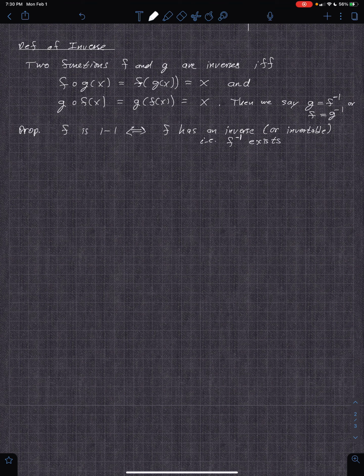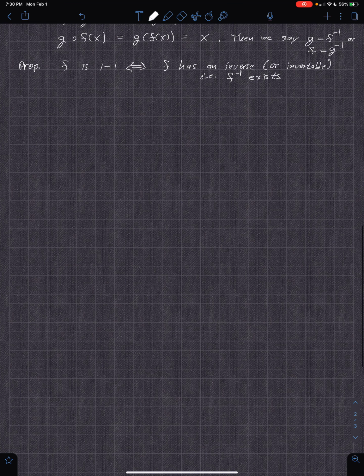So let's talk about finding inverses next. Again, something you've done before. Given a one-to-one function, replace f of x with y, solve for x, or interchange x and y, solve for y, etc. That kind of stuff. So finding inverses.